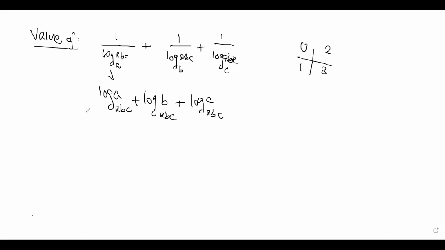Now, since the sum of logs becomes a product, it will be log of ABC base ABC, and its value will be, tell me fast, 1 or 0? 1. Very good.